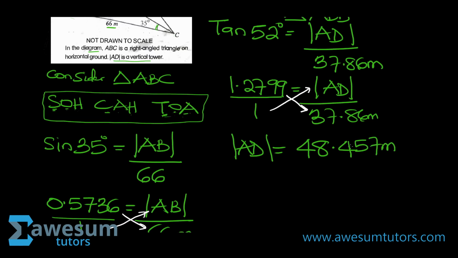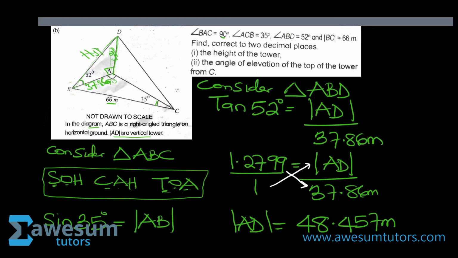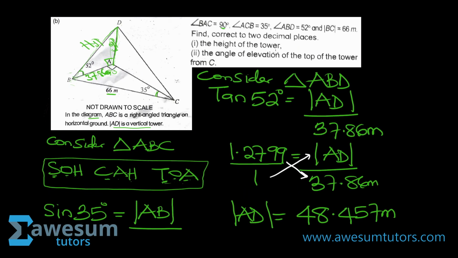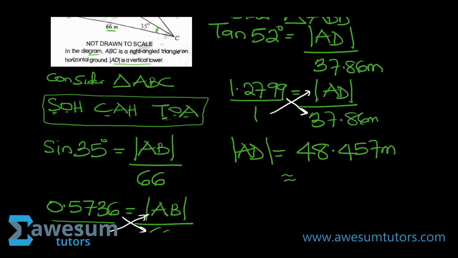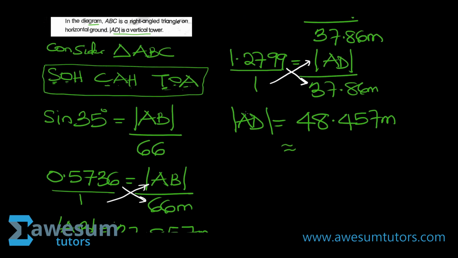If you multiply that together, that will give you 48.457 meters. So we can approximate. The question says to approximate, it says correct to 2 decimal places. So we can approximate this to 2 decimal places, because right now it is in 3 decimal places, because you have 3 digits right here, right after the point.